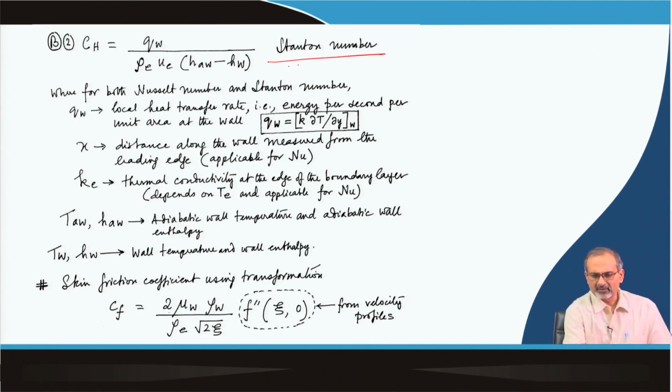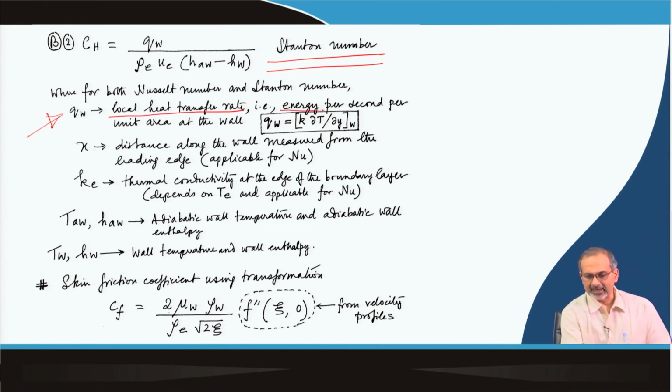The other way of specifying the heat transfer rate is to invoke the Stanton number Ch, given by QW divided by rho e UE times in brackets (HAW minus HW), where both Nusselt number and Stanton number contain a few terms which are common. To begin with, the most significant one, QW, it is the local heat transfer rate.